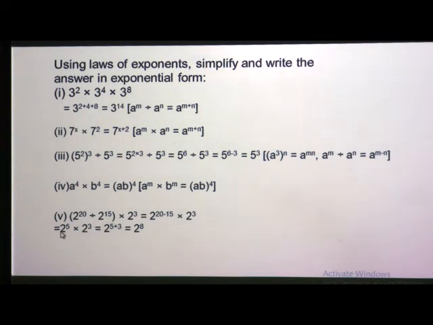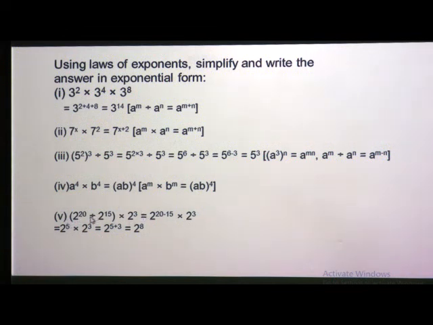Now, you can see here both the bases are the same. So, what should we do? Powers should be added. So, here we will write a common base as 2 and 5 plus 3, which will give us 8. So, 2 raised to the power of 8 when we simplify this given question.